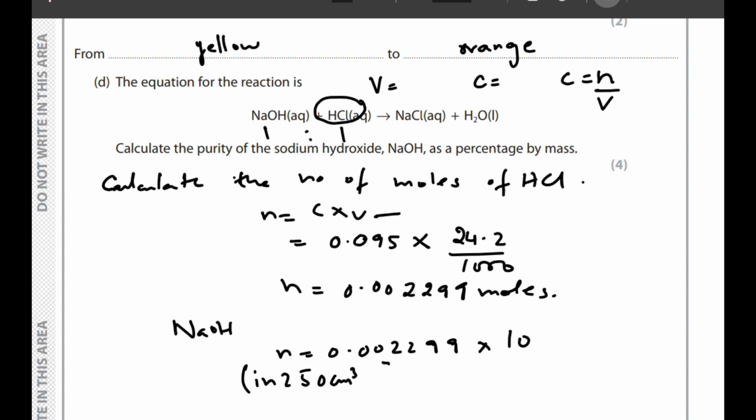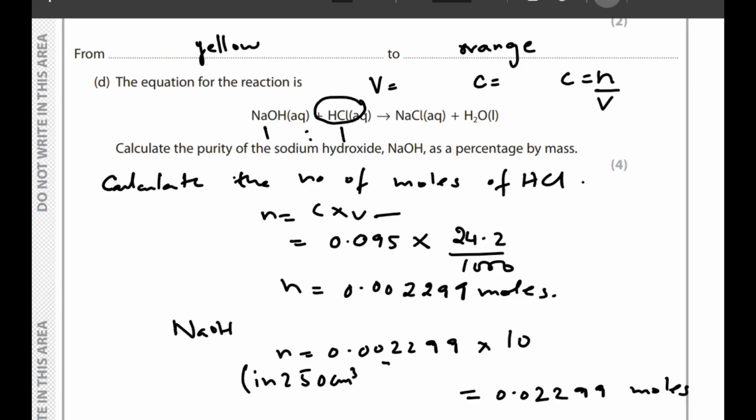The difference is multiplication by 10. So the value will come 0.02299 moles. Now you have the moles of sodium hydroxide.